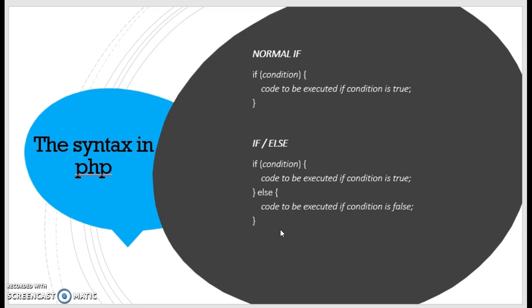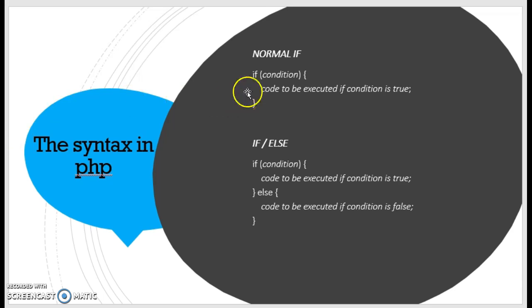And this is very convenient because you have more control of the flow of the code, and you can tell the program what to do if the condition is true and what to do if the condition is false. In the first case, if the condition is false, it's only going to skip this block of code, and it's going to continue without doing anything.